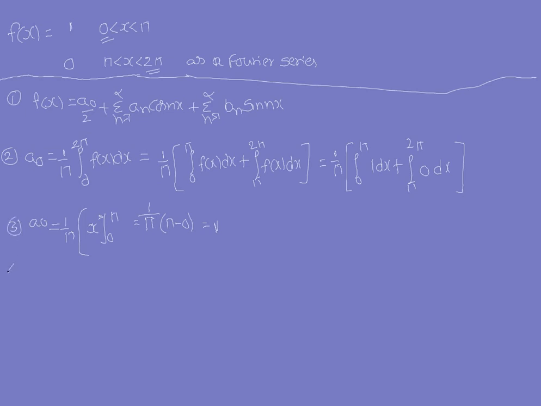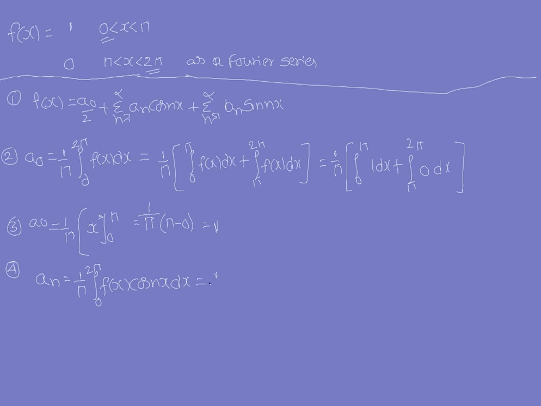So next one, the an formula. an is equal to, what is the formula? (1/π) ∫ from 0 to 2π again f(x) cos nx dx.